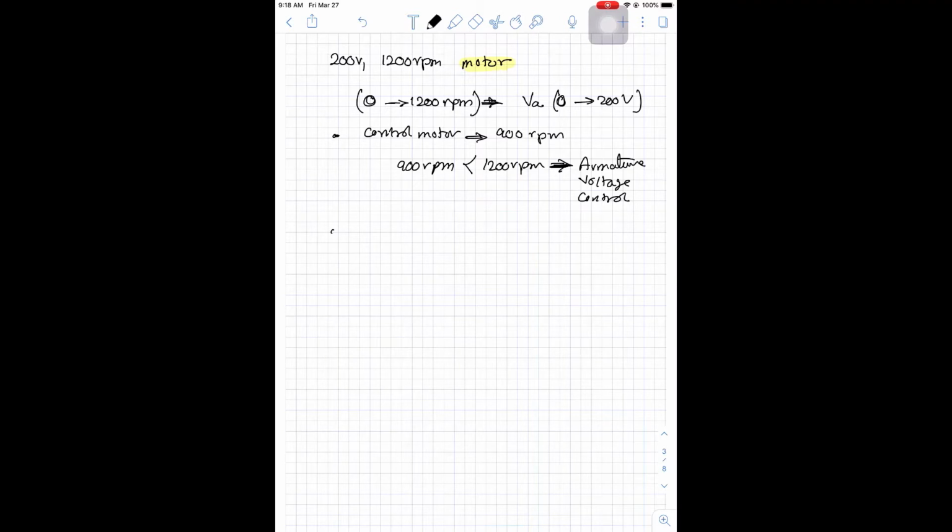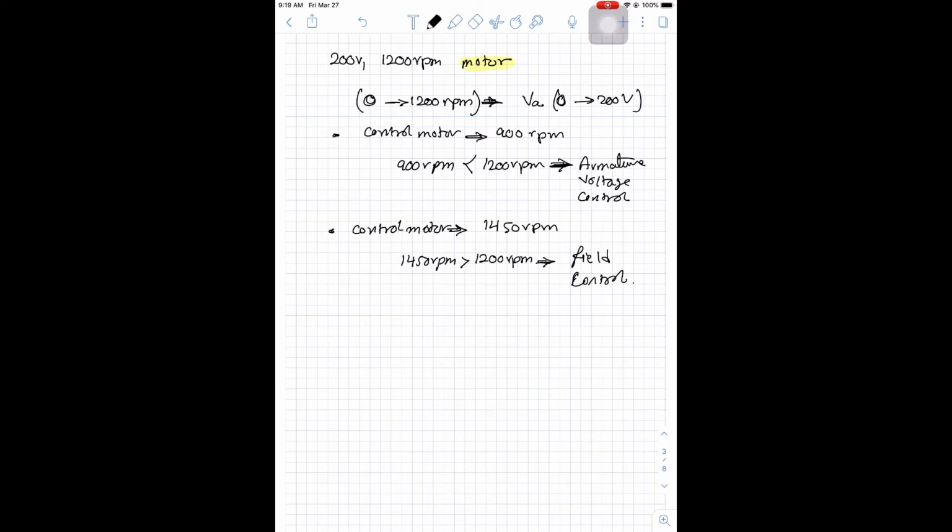But if the question asks you to control the motor so that the speed is 1450 RPM, this 1450 RPM is larger than the 1200 RPM, the rated value, the maximum that you can get from rated values. In this case, we will do field control.